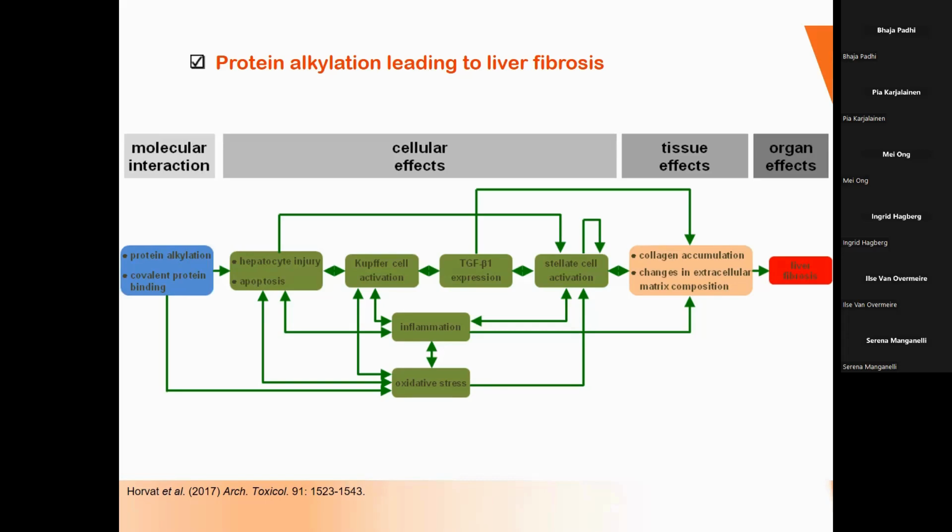So it starts with protein alkylation and covalent protein binding in the blue box, that would be the MIE, if you will. This then leads to hepatocyte injury, for instance, by apoptosis, leading to the activation of Kupffer cells. Remember that these are one of the immune cell types in the liver. This is then responsible for the expression of transforming growth factor beta-1, which underlies what I would say is the most important key event in this AOP, namely the activation of stellate cells.